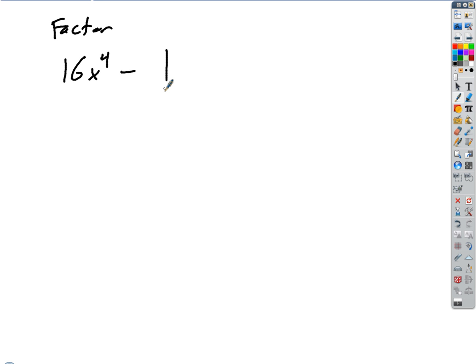Now, once again, focusing on the variables, x to the fourth. Aha, we could make this a difference of squares, couldn't we? If we rewrote this a little bit, 16x to the fourth, I could write as something squared, couldn't I?